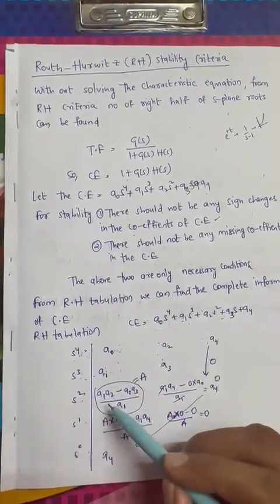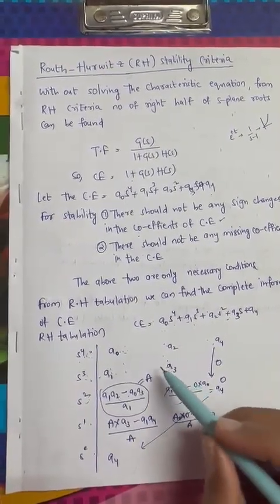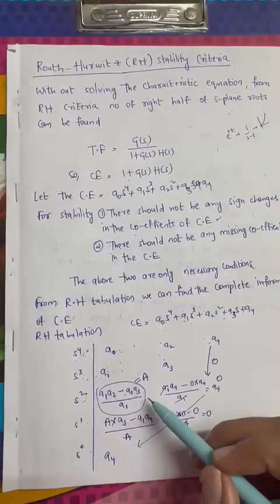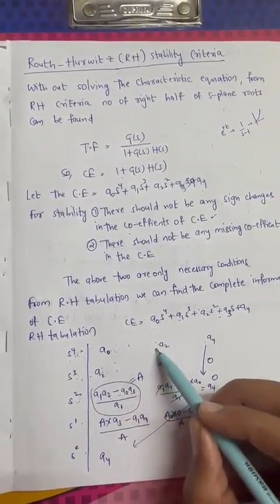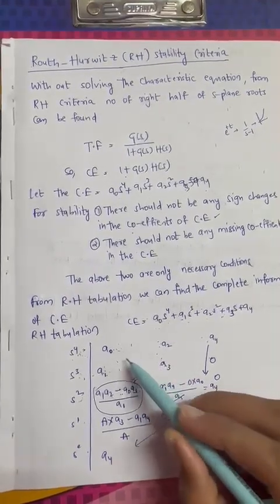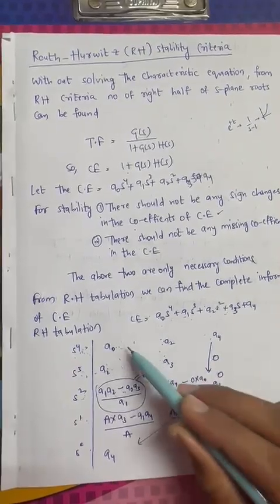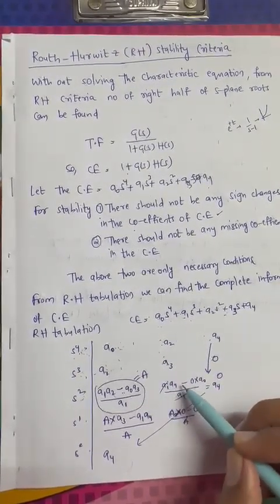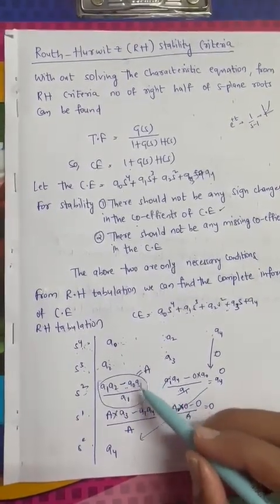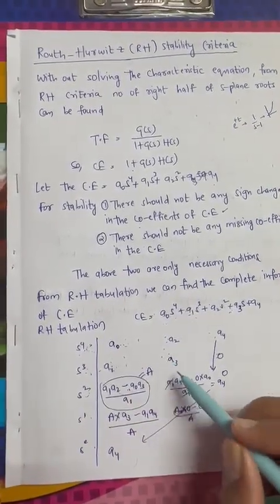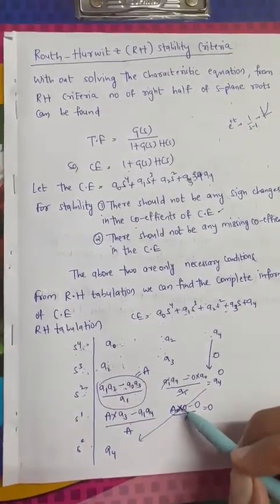Now the other elements of the rows we find from the first two rows itself. This is found by (a1 into a2 minus a0 into a3) by a1. Then (a1 into a4 minus 0 into a0) by a1. So a1 cancels, and we can directly write a4. Now let this big coefficient be A, so next is (A into a3 minus a4 into a1) divided by A. That will come here, and this will be equal to 0.